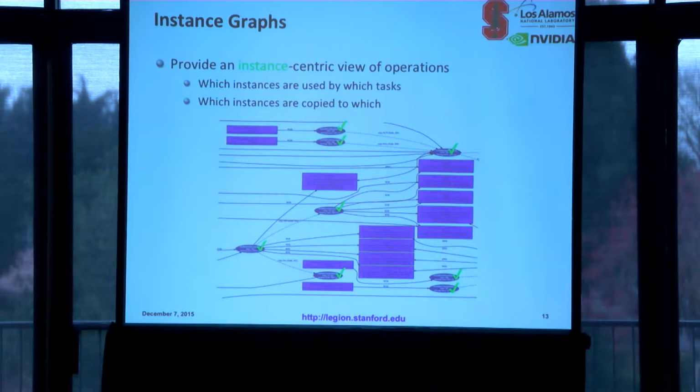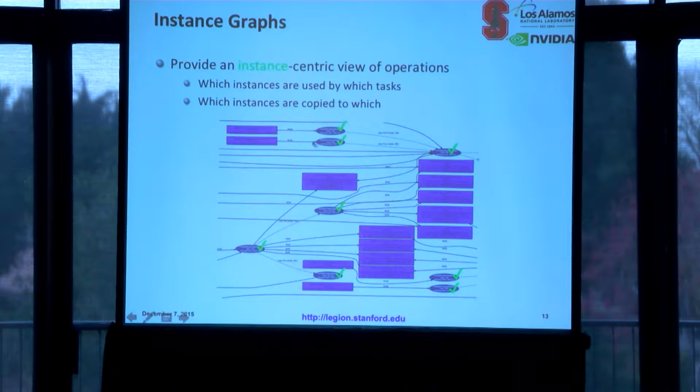This is another type of graph called the instance graph, which shows a similar amount of information as the event graph. But this will give you an instance-centric point of view of the dependency structure. So here, you will see these ovals. These are actual physical instances that are created during the execution.